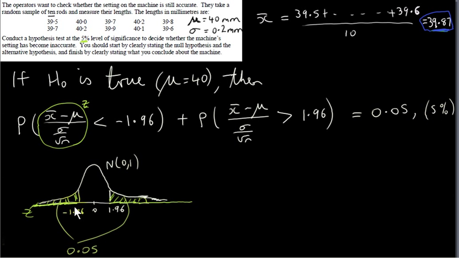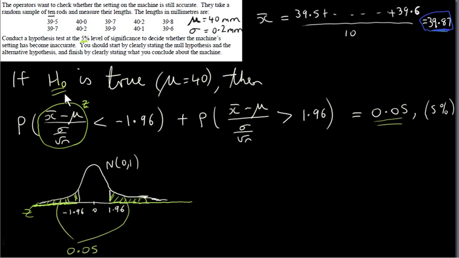So if we're getting a z value that's less than minus 1.96 or greater than 1.96, we know that there is at most a 5% probability that that can happen if the null hypothesis is true. But since 0.05 is a small probability, what we do is we reject the null hypothesis at this level.